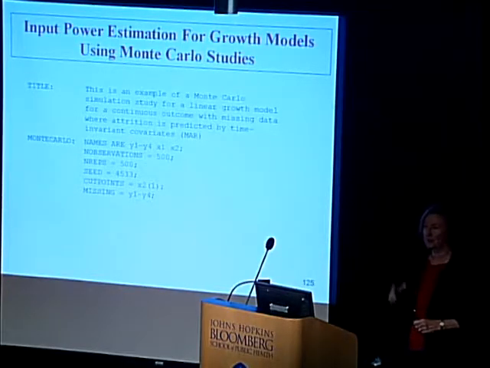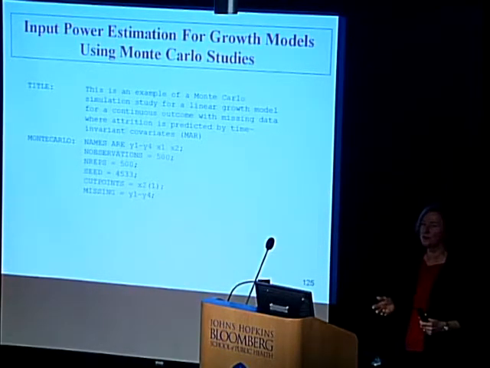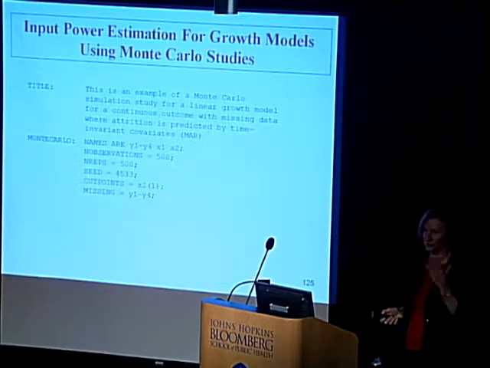In the user's guide, those of you who use Mplus know we have about 125 examples. They're based on simulated data, and the simulated data came about by us doing a Monte Carlo study for each of those examples to generate the data. So if you want to do a Monte Carlo study, look in the user's guide and find the example that's closest to your own analysis.